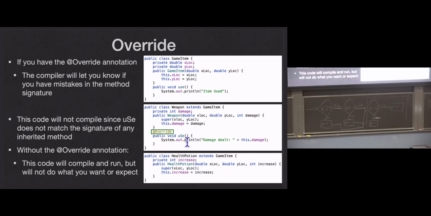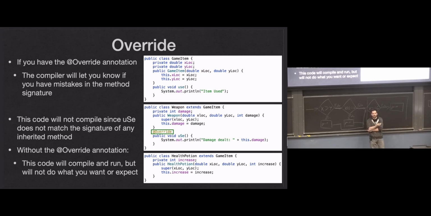So if you don't make any typos, like Paul never makes a typo in his life, then you don't need the override annotation. But if you tend to make typos, use the override annotation, give the compiler a heads up so it can help you out when you make little mistakes like that.